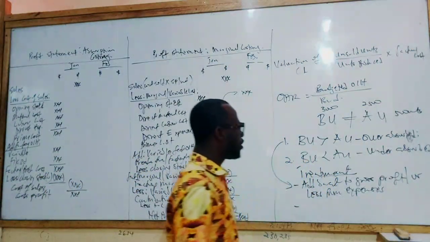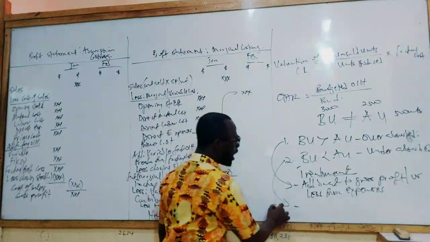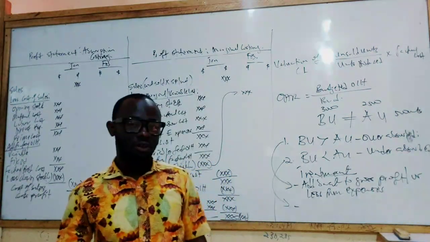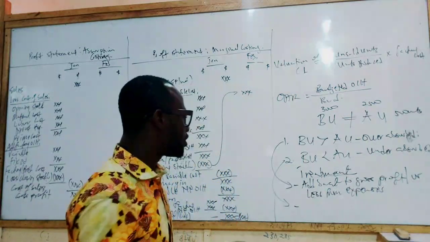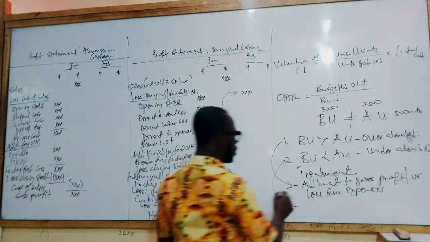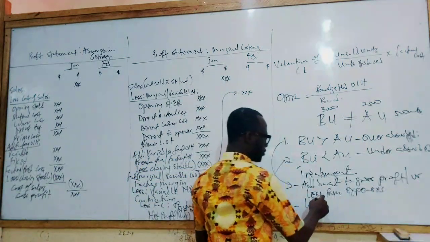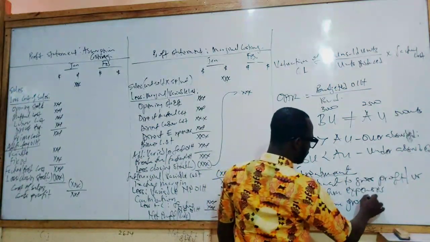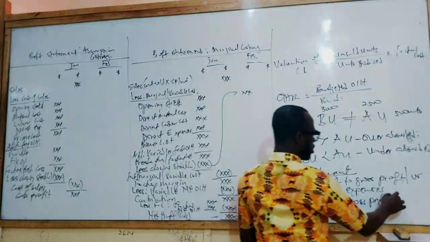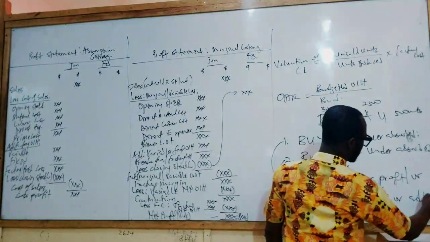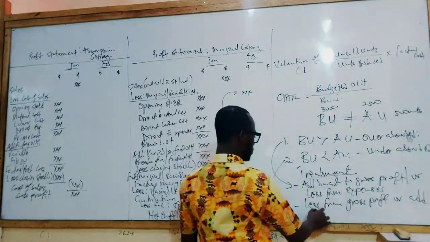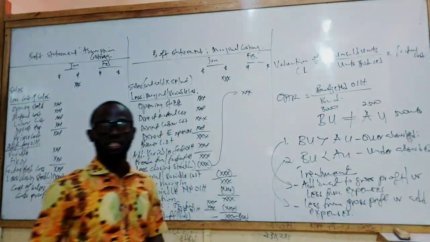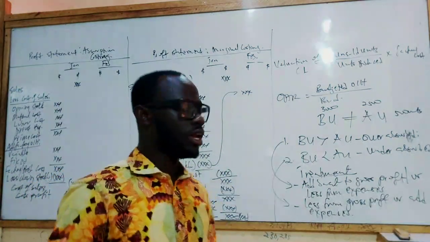Then the second scenario is this. If overheads are under absorbed, meaning we've charged less than we are supposed to charge, for that reason, what do we do? We less it from our gross profit, if we are preparing the profit statement, or add to expenses if we are preparing the cost sheet.